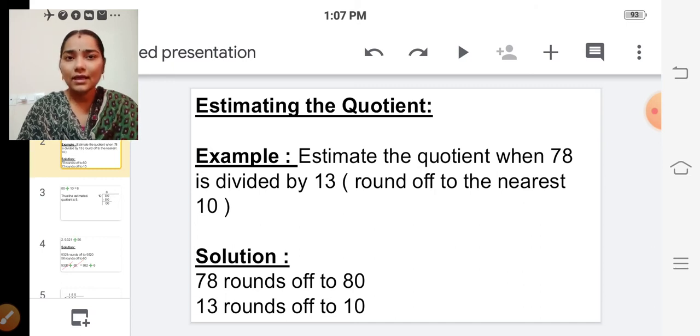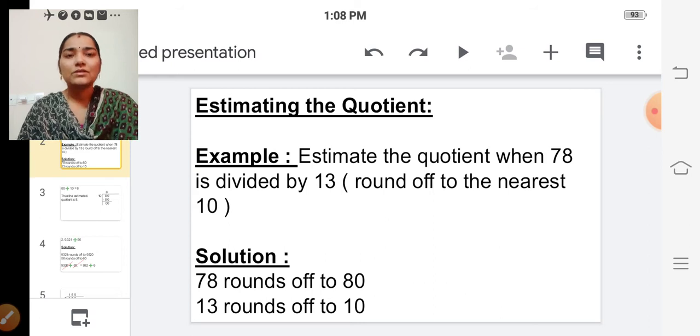Okay, and then we have to divide those numbers to find the estimated quotient. Is it clear, children?